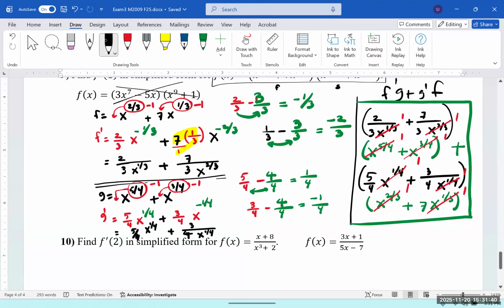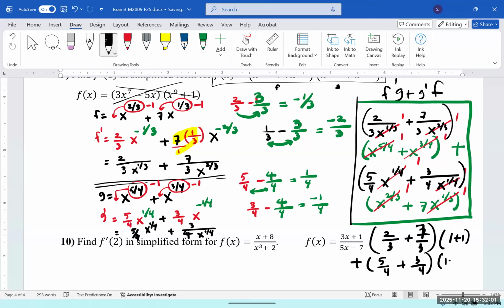So what do you get? 2 over 3 plus 7 over 3 times 1 plus 1, plus 5 over 4 plus 3 over 4 and then 1 plus 7.